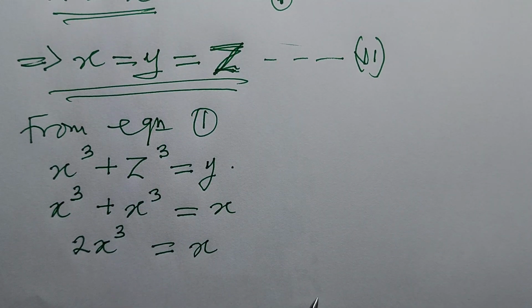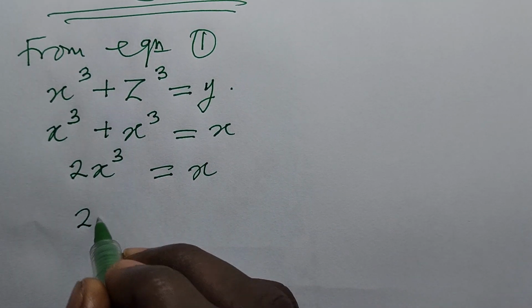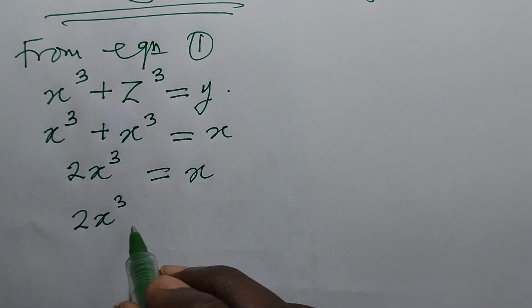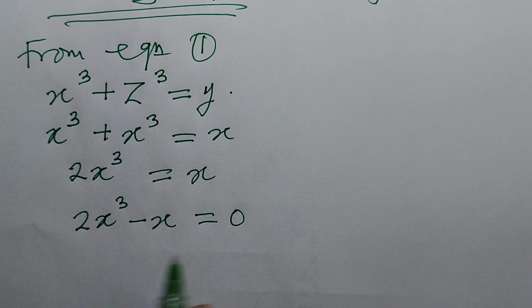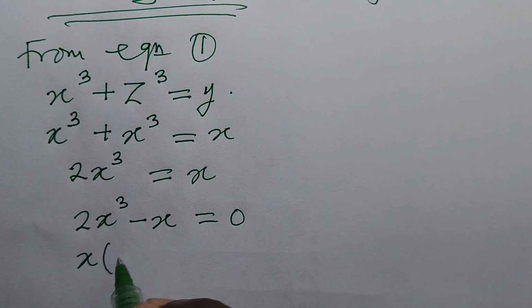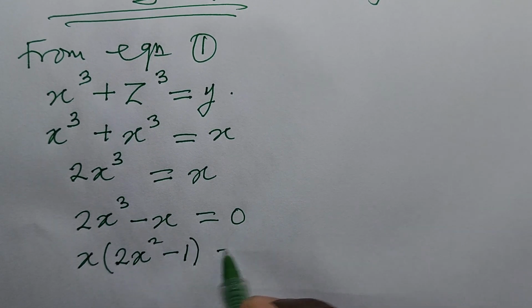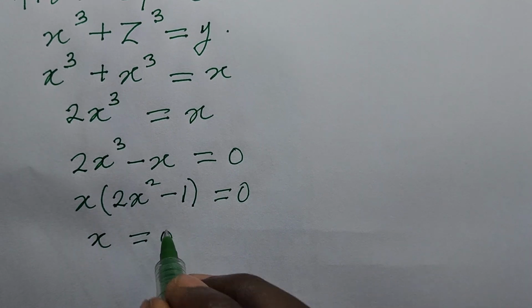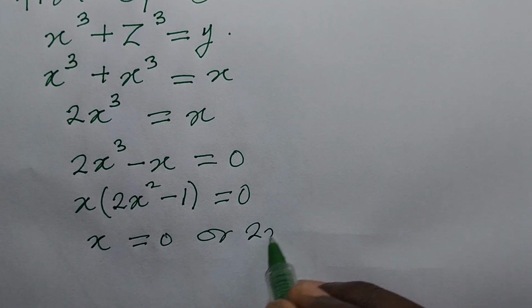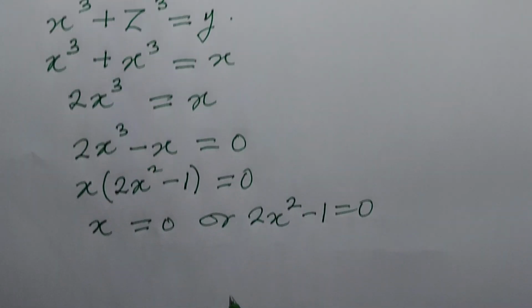Move this to this side of the equation. So this is going to give us 2x to the power of 3, then minus x equal to 0. Factor out x here, so we have x bracket 2x to the power of 2 minus 1 equal to 0. So again, we have two cases from here. We now have x is equal to 0, or 2x to the power of 2 minus 1 equal to 0.